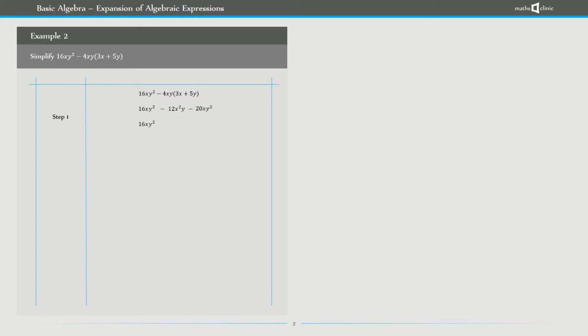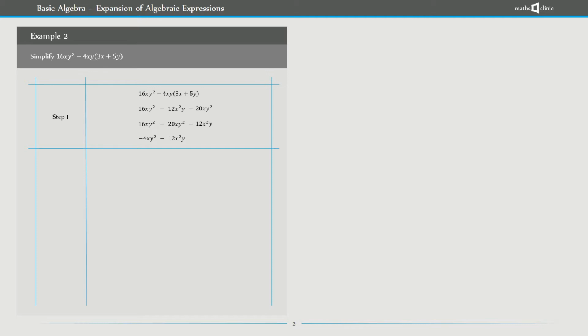So we simply bring these two together, and then we write minus 12x squared y. 16xy squared minus 20xy squared will give us minus 4xy squared, and then we bring minus 12x squared y, and that is the end. Very simple, very straightforward. There really isn't much you can do any further from there, because we do not have any like terms left, so we leave our answer as it is.